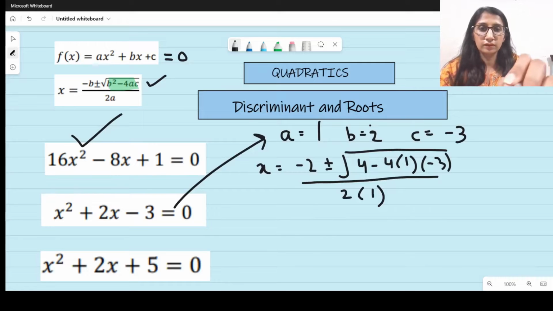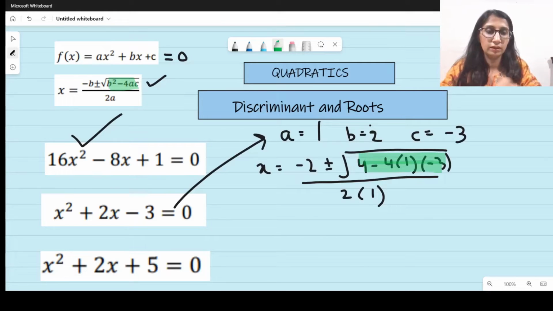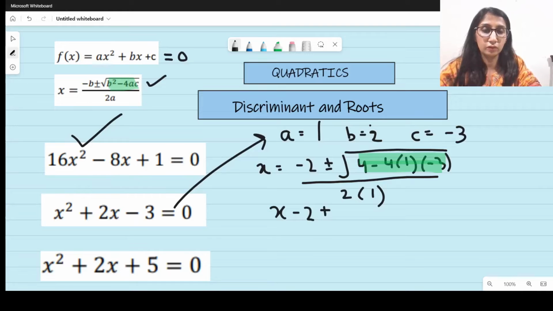So this discriminant is equal to 4 plus 12, which is 16. So x equals minus 2 plus minus, what is the square root of 16? The square root of 16 is 4, divided by 2.